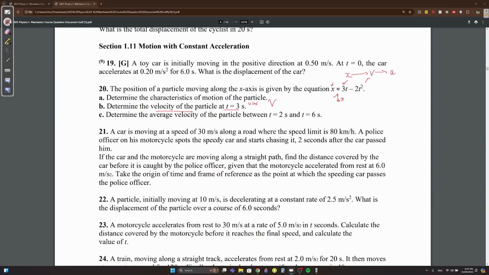Derive dx over dt of 3t minus 2t squared. You get derivative of 3t is 3, minus 2 times 2 is minus 4t. So v equals 3 minus 4t, and then you can just plug in t equals 3 seconds, so 3 minus 4 times 3, which is negative 9 meter per second.